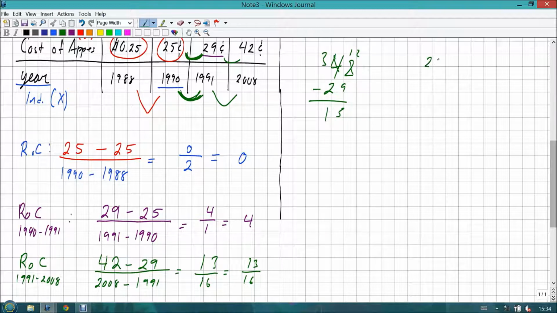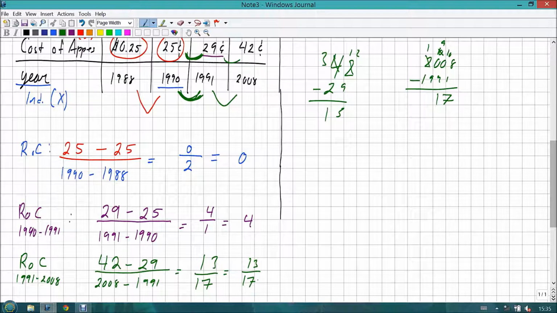And then 2008 minus 1991 would give us, oops, I messed that up. That'd be 17. So yeah, good thing I double checked my work here. So 13/17 of a cent, which is even less.